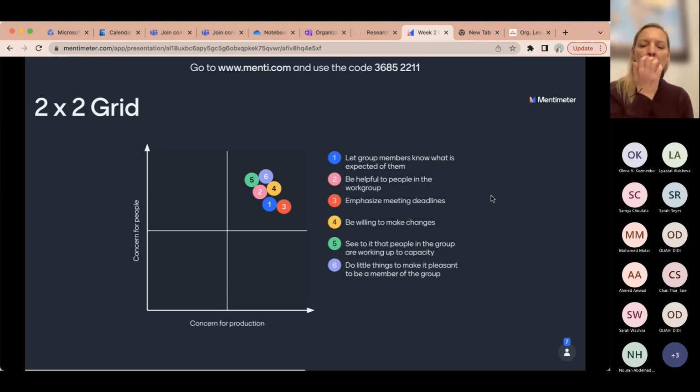So let me give you a scenario here. When we look at being willing to make changes, if we're working together and we have a hard deadline to produce a certain number of items, and I come in to do the work, you're ready, you have everything lined up, an assembly line for us to put the product together so that our production is complete in the timely manner that's been set forth.